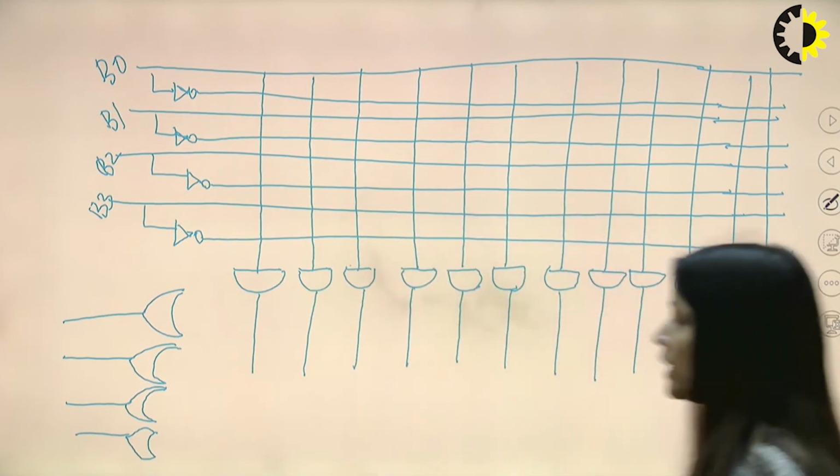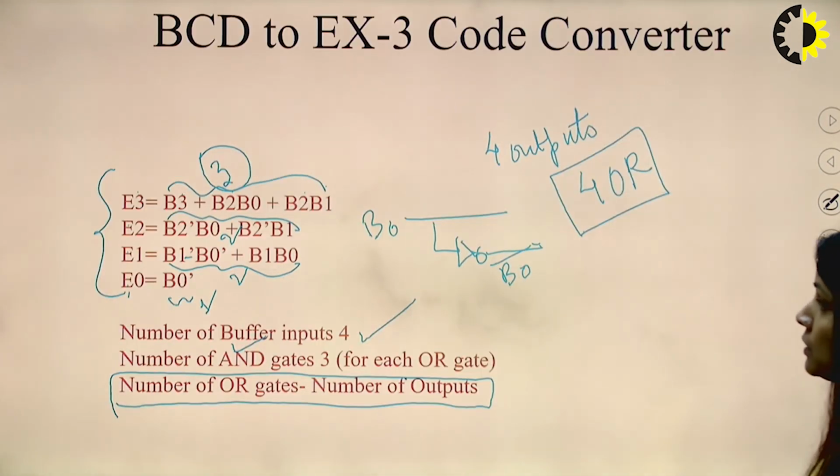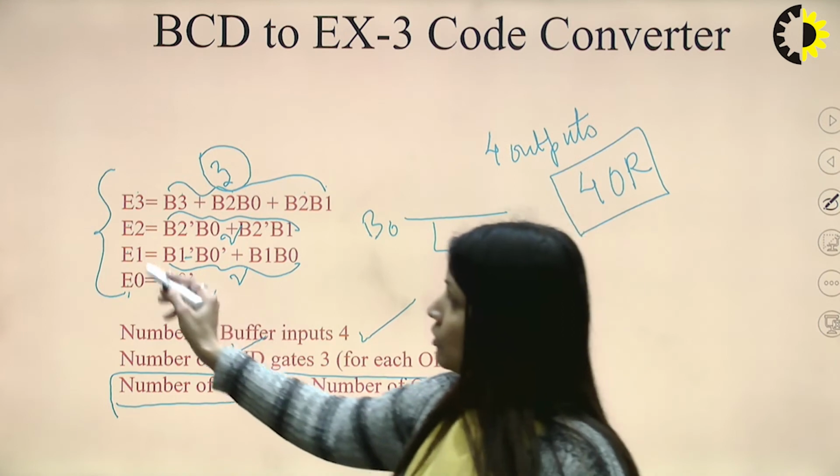These OR gates I am making for E0, E1, E2, E3.